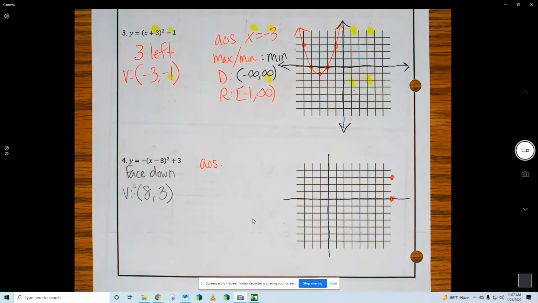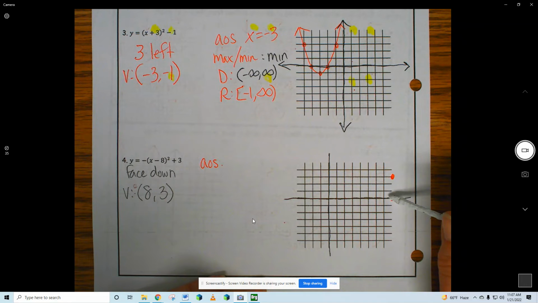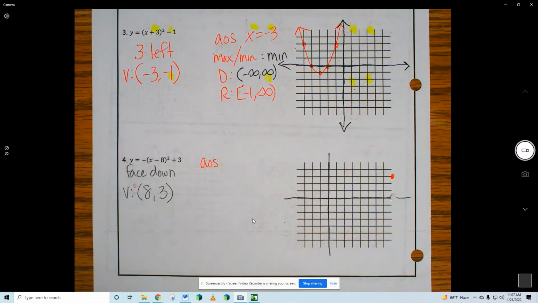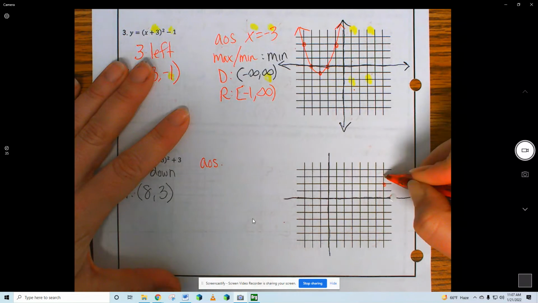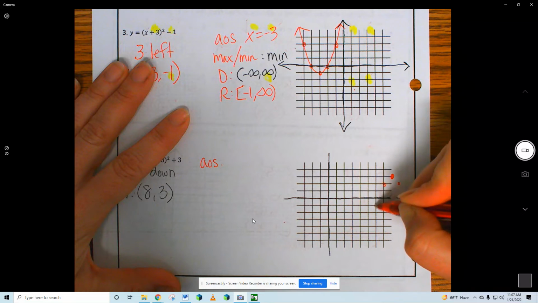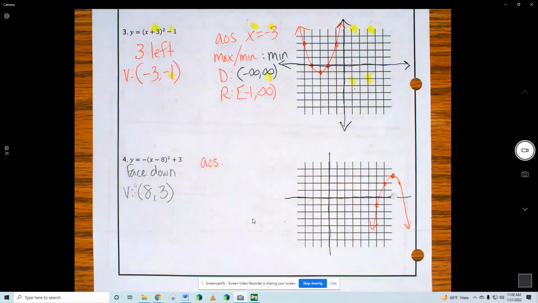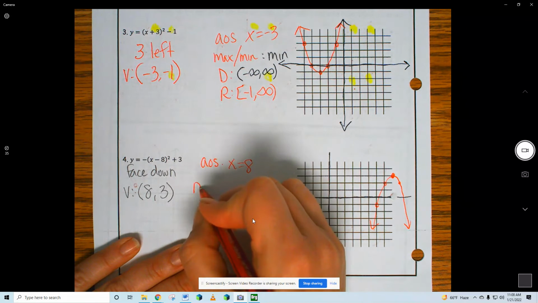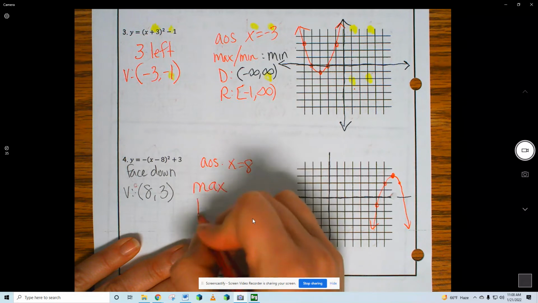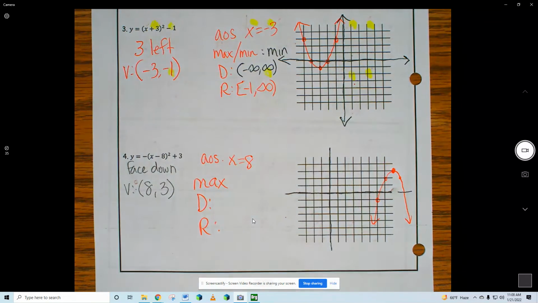So, facing down, people. Facing down. Over 1, down 1. And try your best to go. It's off the graph. It's already hard enough. Because it's facing downward, it has a maximum, a high point.